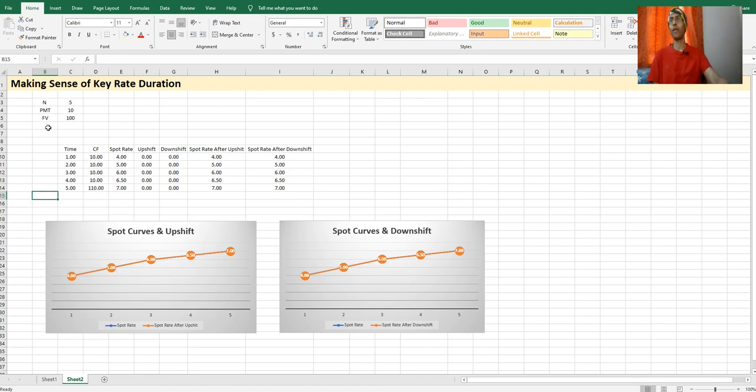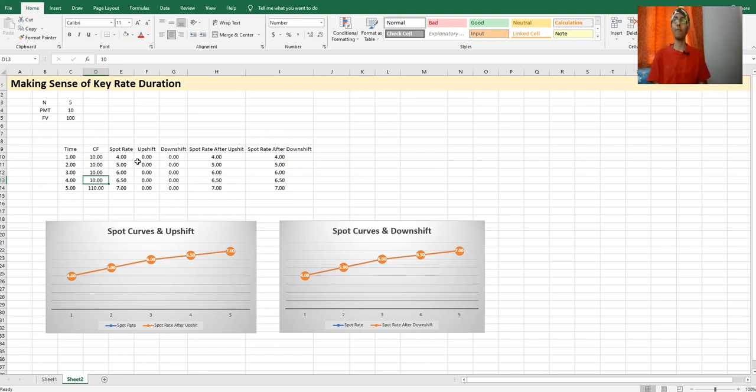Let's say we have a bond which has a maturity of 5 years, right? It has a coupon of $10 and the par value is $100. Now, the maturity is 5 years, so the cash flows from time 1 to time 4 will be 10, 10, 10 and 10.